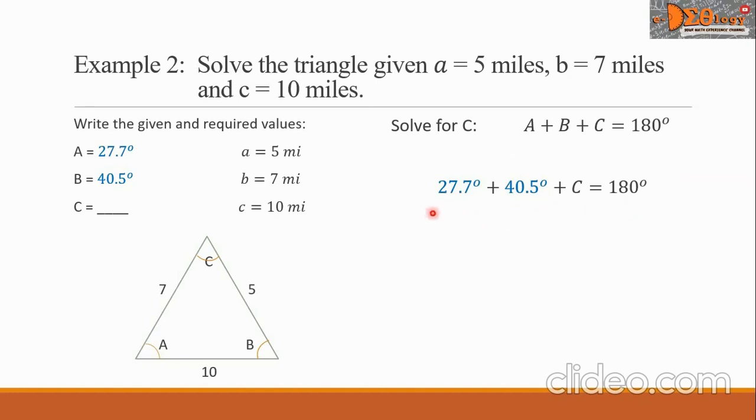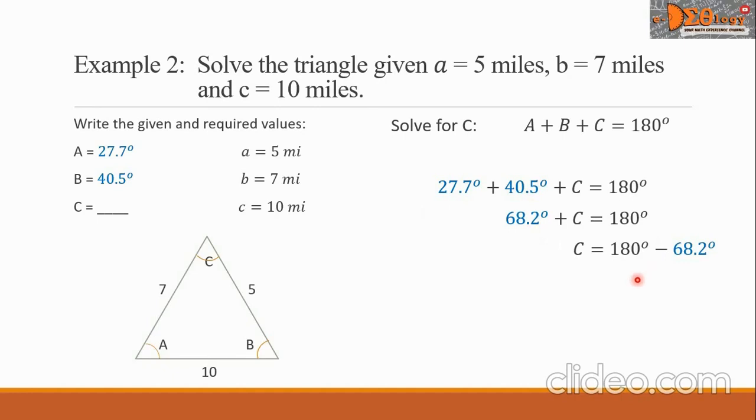Getting the sum of these two values, we have 68.2 degrees plus C equals 180 degrees. Let us isolate C. This 68.2 degrees we will transpose on the right side, and the sign must be changed. From positive, it becomes negative.